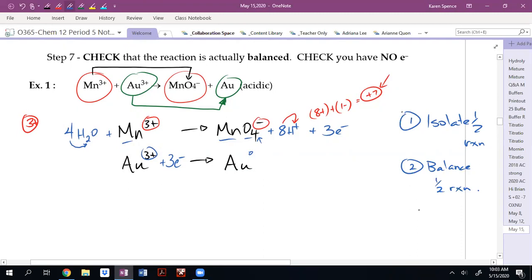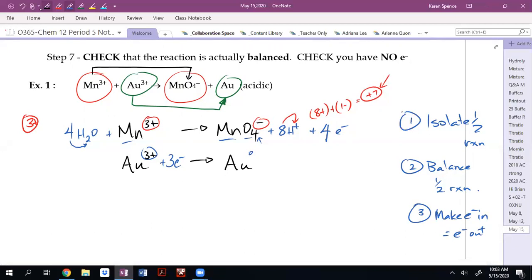Step number 3 is to make the electrons in, did I write 3? I meant to write 4 here. There we go. Make the electrons going in equal the electrons going out, so you don't have any leftover electrons either not being used up or being produced.